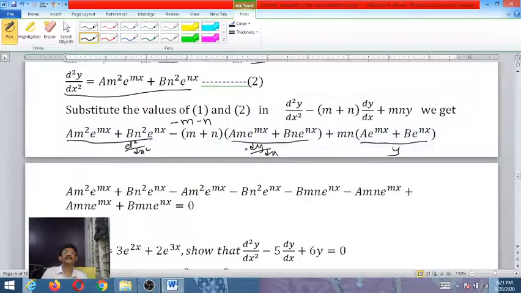Here minus n into this one is minus amn. Now look at here, plus am square and minus am square, these two cancel, plus bn square minus bn square cancel, minus bmn e power nx plus bmn e power nx, minus amn plus amn, all cancel, answer is 0. So that is the answer.